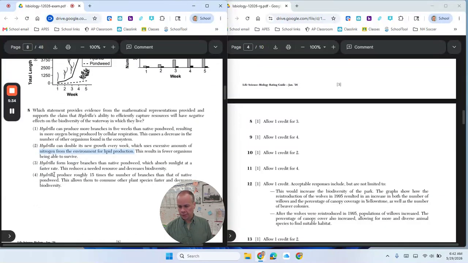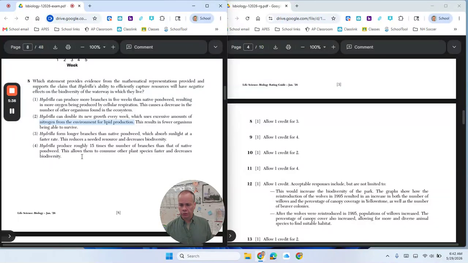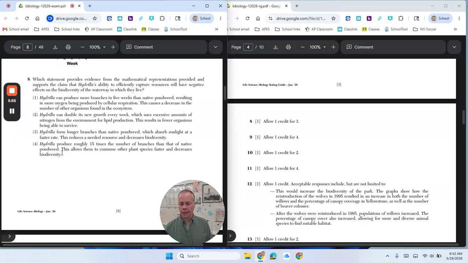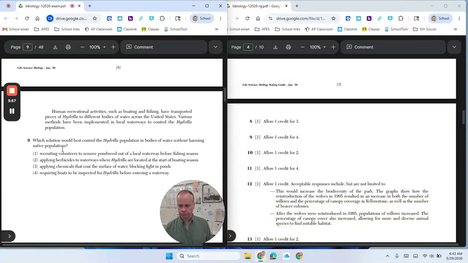That would be correct. And then if we look at 4: hydrilla produces 15 times the number of branches as native pondweed. This allows them to consume other plant species faster. Plants don't consume other plants. That makes that incorrect. So what we see is there's something wrong with 1, 2, and 4, and 3 is correct. So 3 is the correct answer. If you chose it, give yourself a +1 as we keep track of our score.